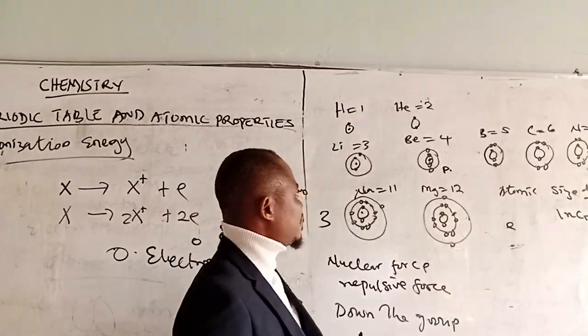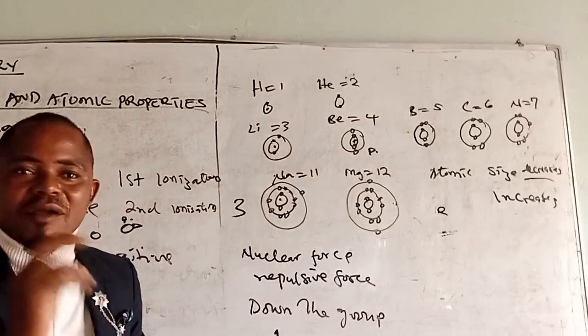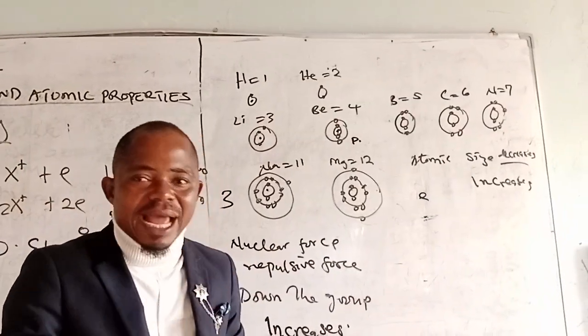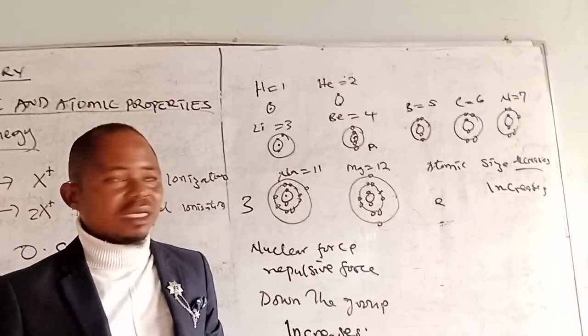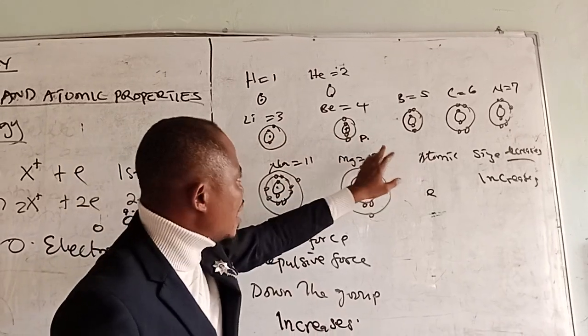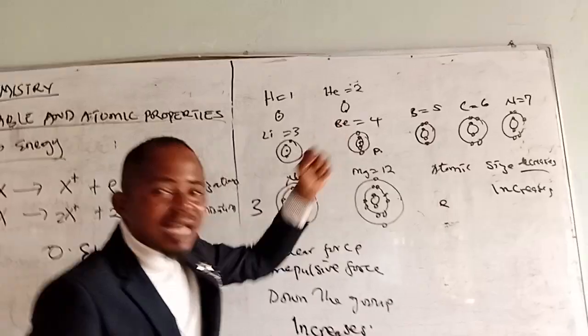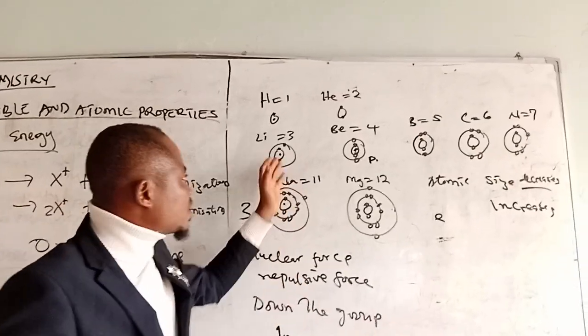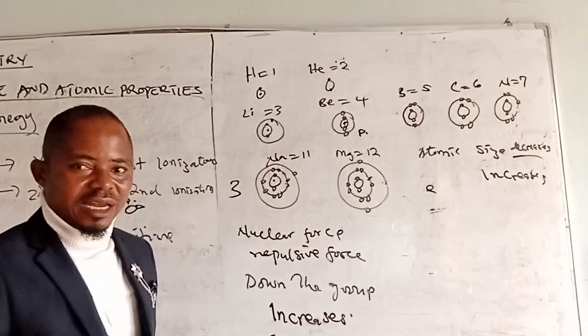So because of that, remember we said ionization energy is the energy needed to remove an electron from an atom of an element. As we move from left to right, the effect of nuclear force increases, meaning it holds the electron more tightly. That implies that you will need more energy to remove the electron.